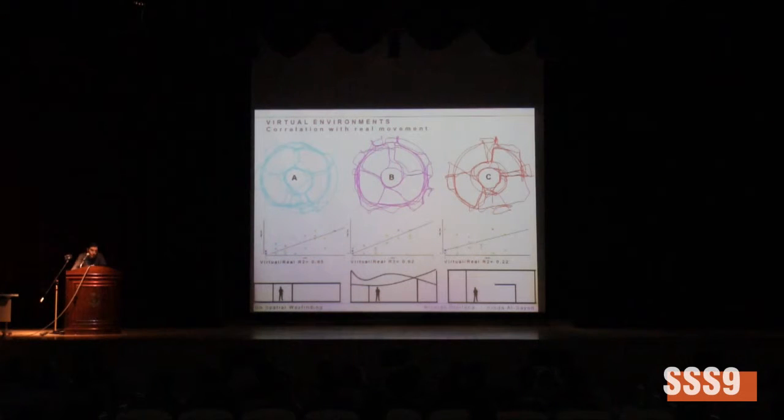So I found interesting correlation between space A and space B with the real movement, with 65 and 62% correlation. That made me think that probably the three-dimensional properties or forms of the space don't considerably affect the movement through the space.